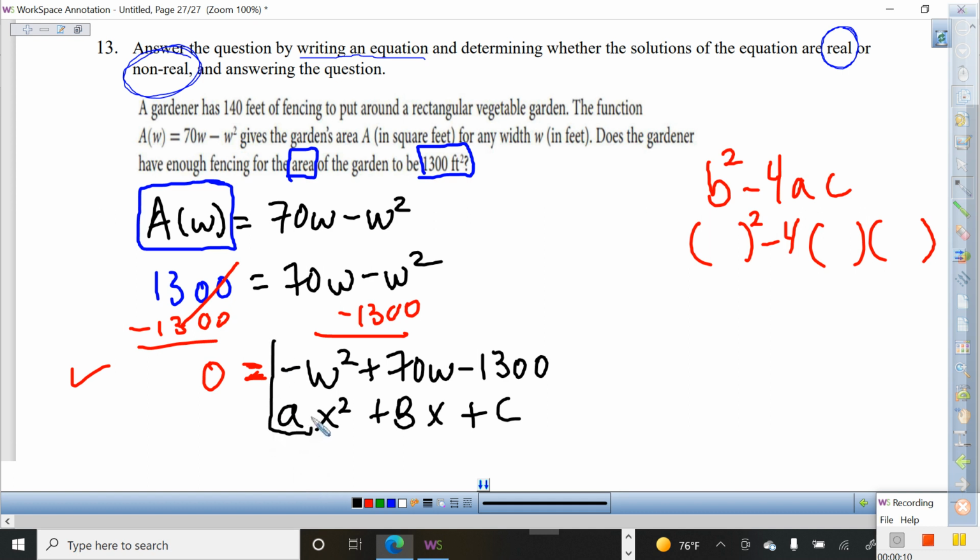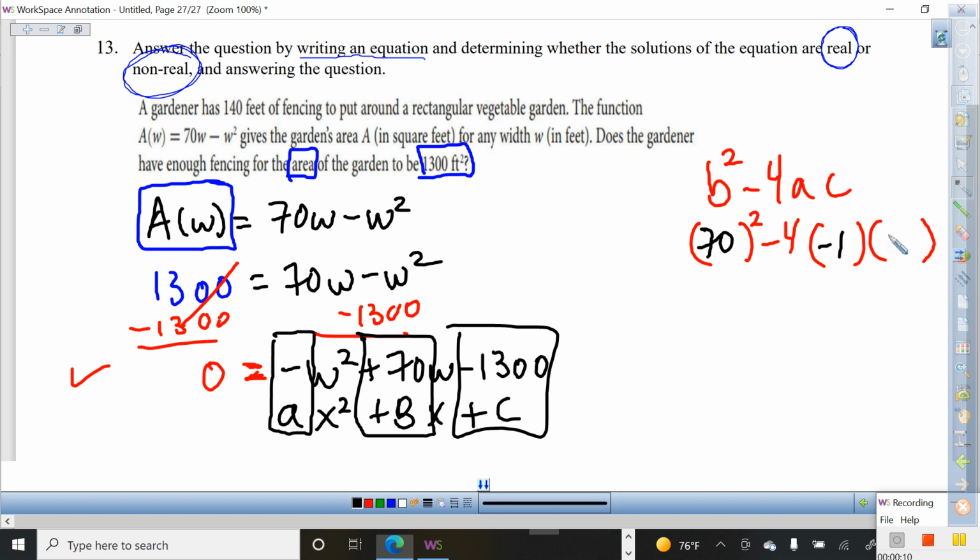Yeah, because -1 corresponds to A, not what? B. What is B? 70. And what is C? -1,300. So be careful. Identify first your A, B, and C, then do the substitution. So here we go, it is 70, -1, and -1,300. So be careful with that.